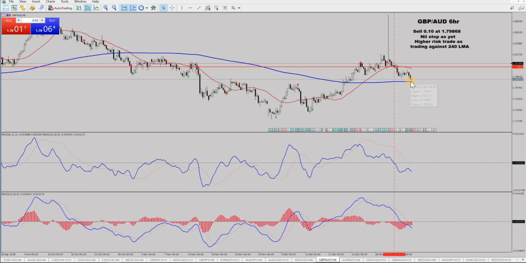It could bounce there, may not. But anyway, I'm going to reduce my risk. I've closed half of that sell trade at this level this morning, and I'm putting a stop in place just above these highs here, which is above the entry level and just above the 25 SMA. So again, put myself in a no lose position. So that's the pound Aussie 6-hour Mod MACD.